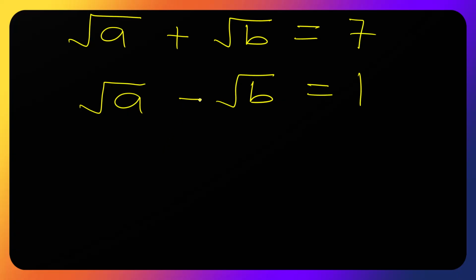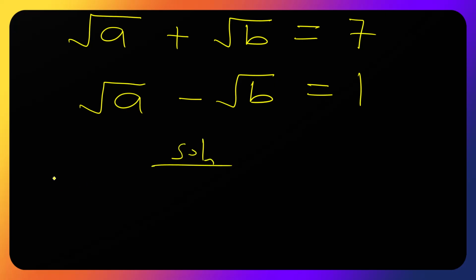Now let's solve for A and B here, okay? So to solve for A and B, first of all, let's represent square root of A by a variable.